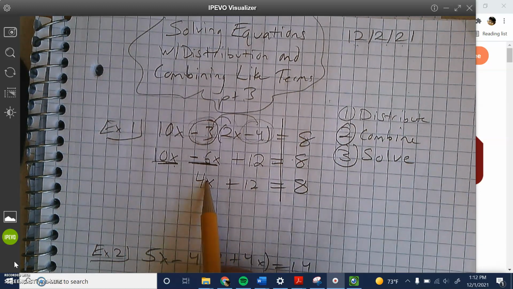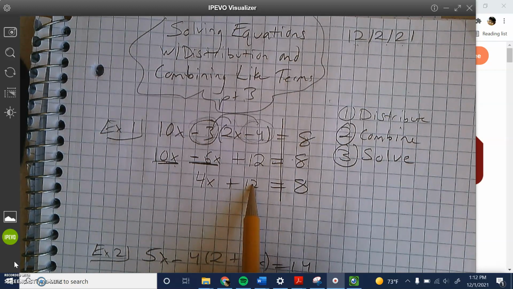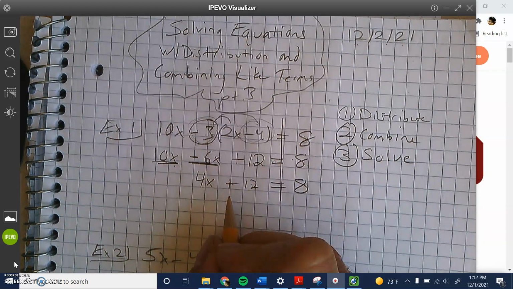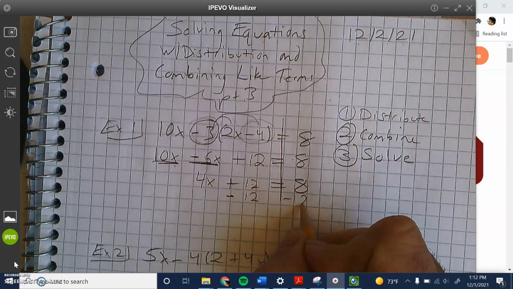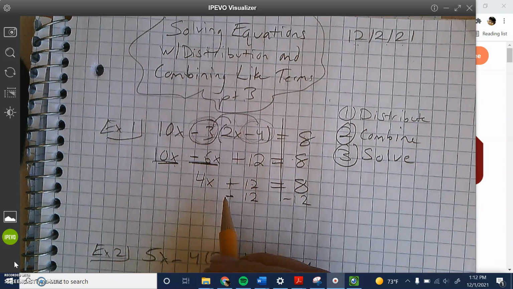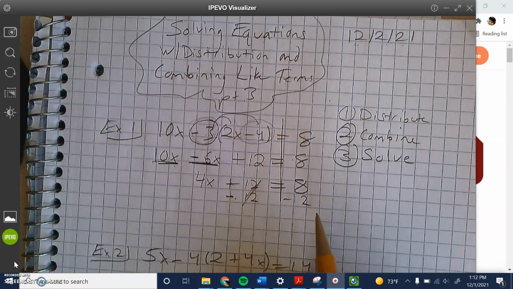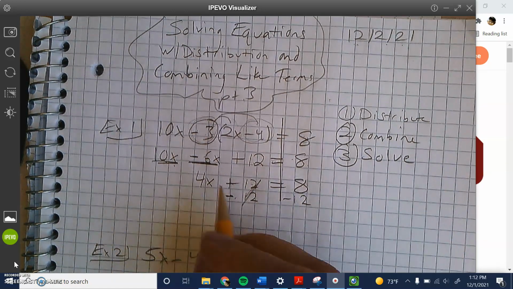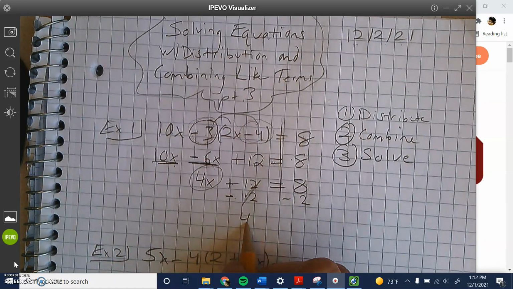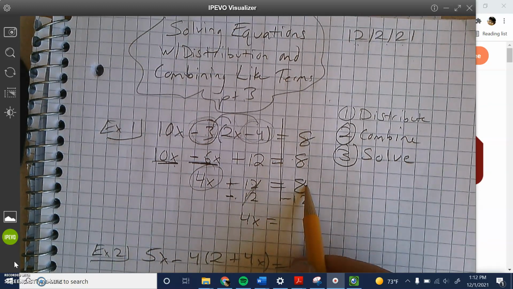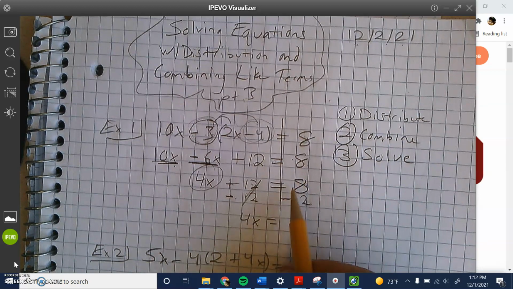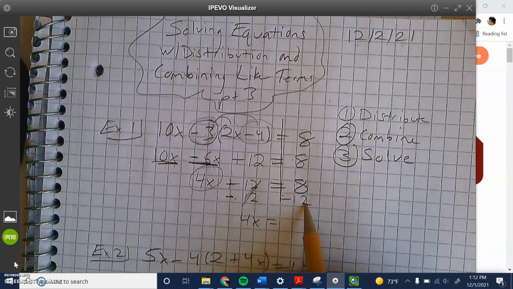Okay, so 4x plus 12. The opposite of adding 12 is subtracting 12. 12 minus 12 is 0, so that can go away. 4x remains on the left side. 8 minus 12. So 12 minus 8 is 4, but 8 minus 12: I have $8, and I lose 12.